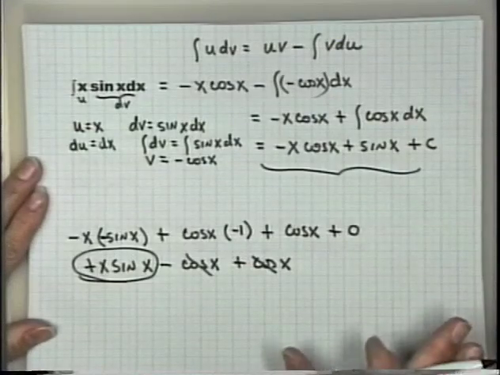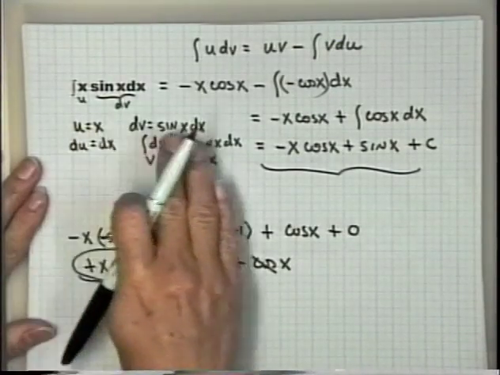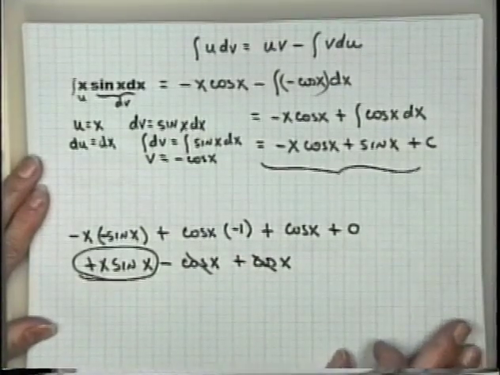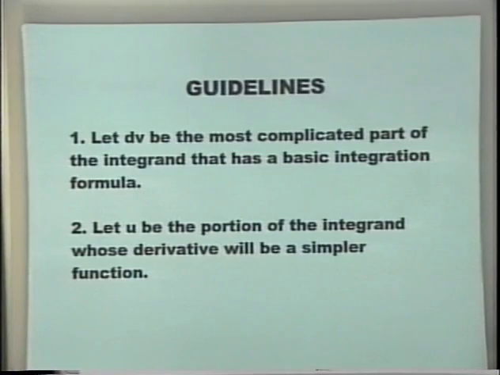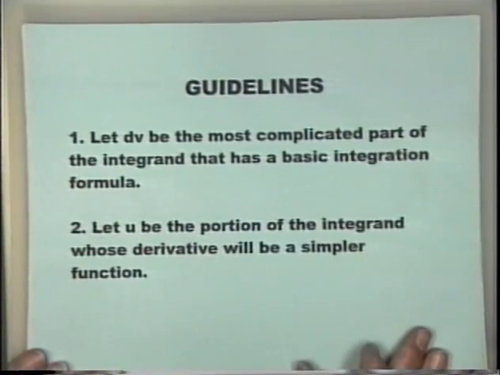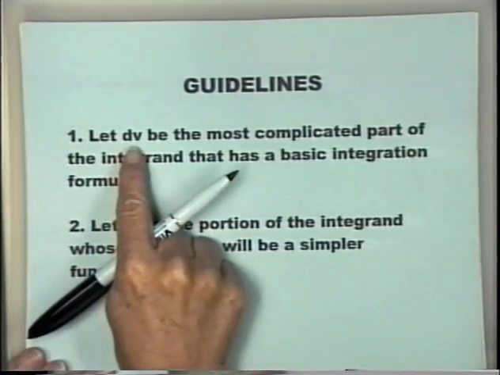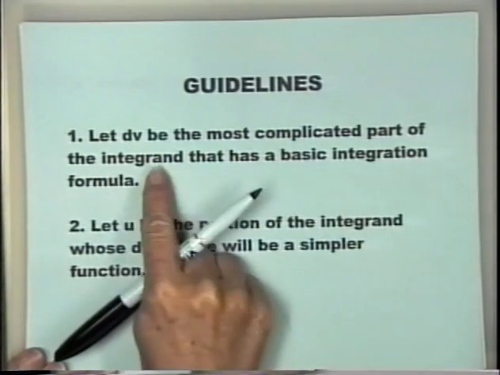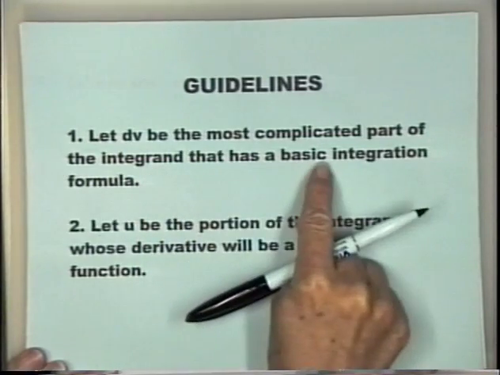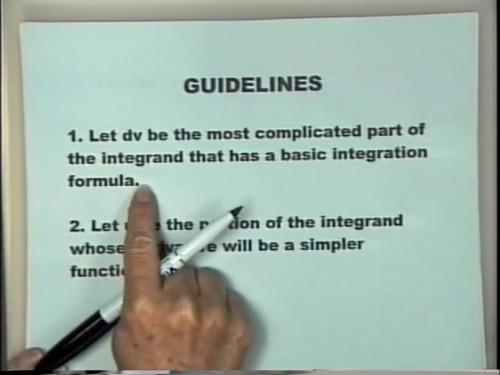Now, I just simply chose for you the u and the dv and showed you that this worked in this example. But of course, when you do problems, you have to make those decisions. So I have some guidelines. Let dv be the most complicated part of the integrand that has a basic integration formula.